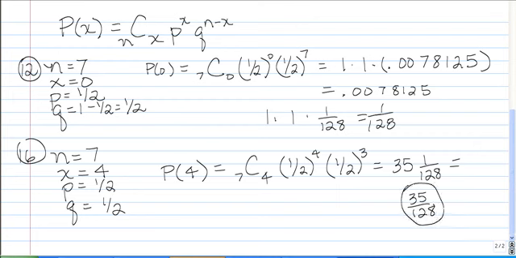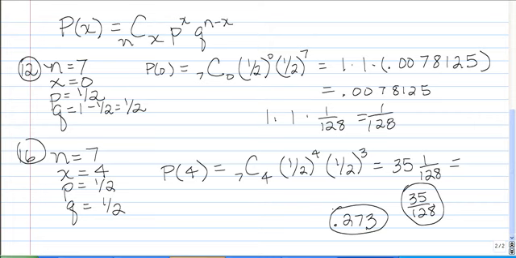Or you could do it as a decimal, which would be 35 divided by 128, 0.273, and I usually just round it to 3 decimal places. Okay.